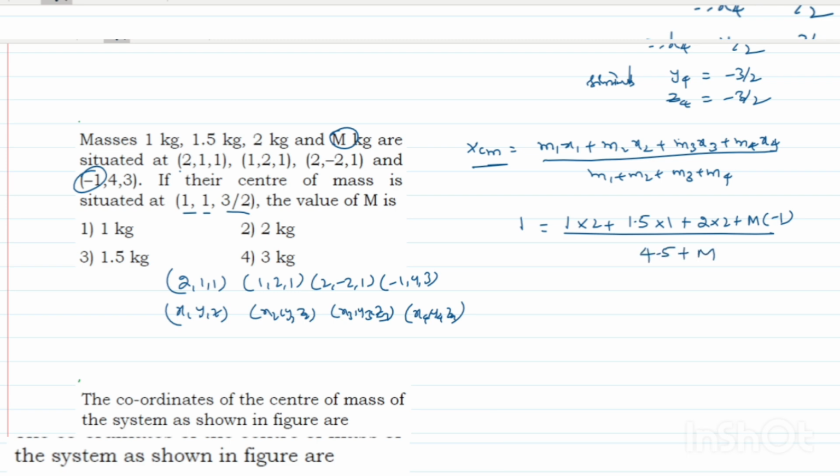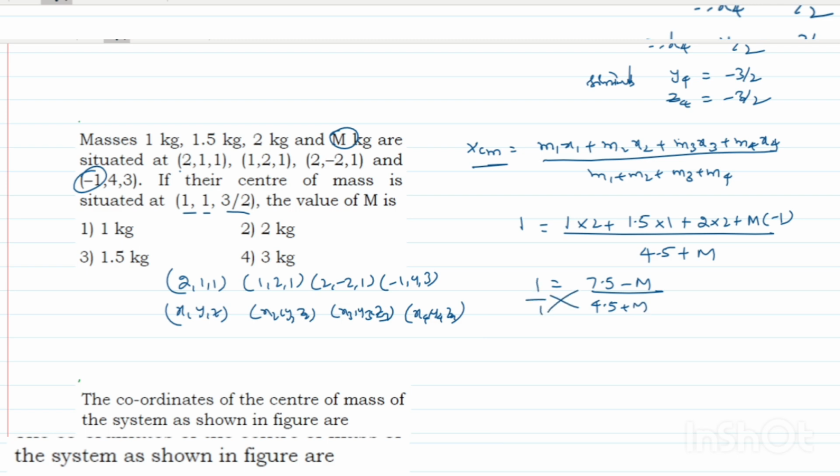Now simplify this by cross multiplication. Here 1 into 2 is 2, plus 1.5 is 3.5, plus 4 is 7.5. So in the numerator we get 7.5 minus m, by 4.5 plus m, which is equal to 1.